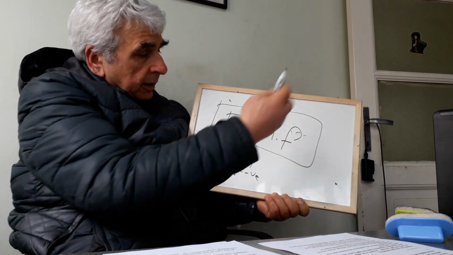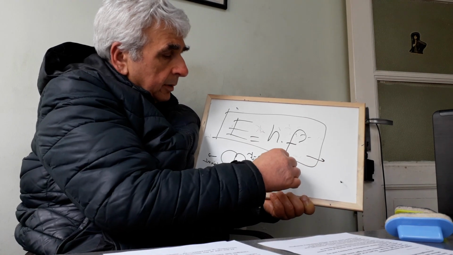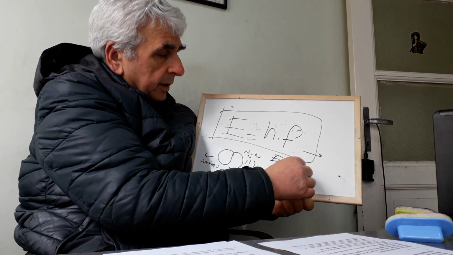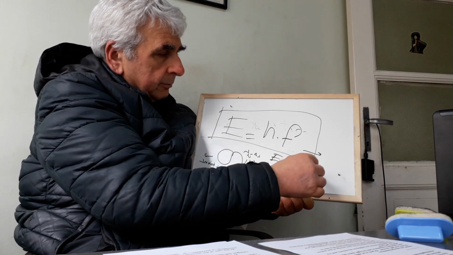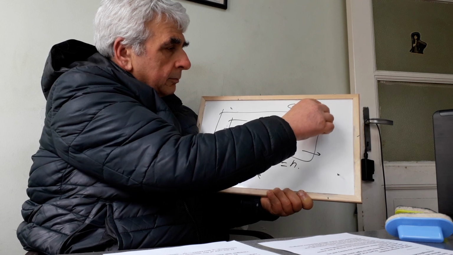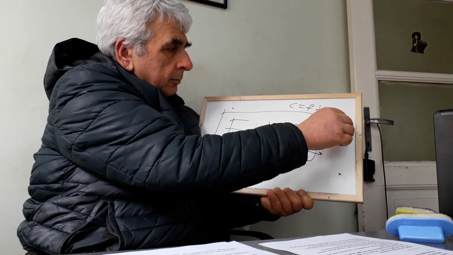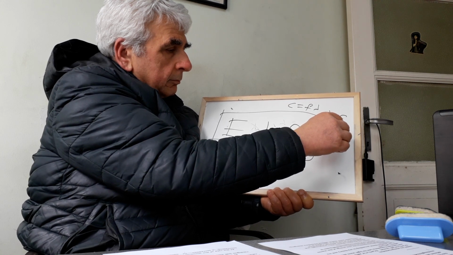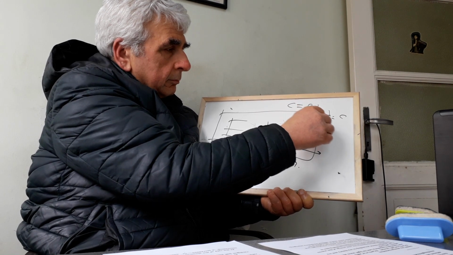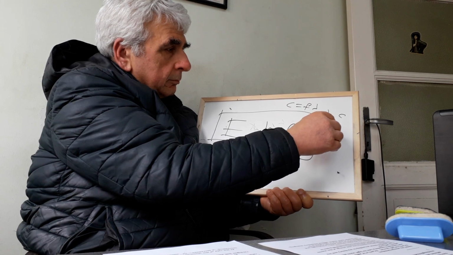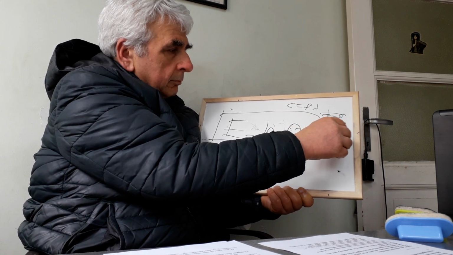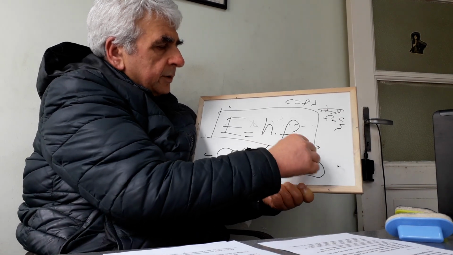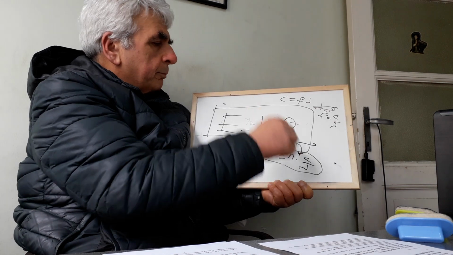What we say, because of E equals h multiplied by... yes, this is another form of Planck's formulas.